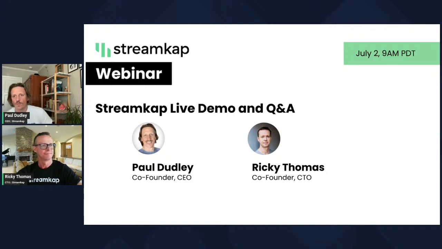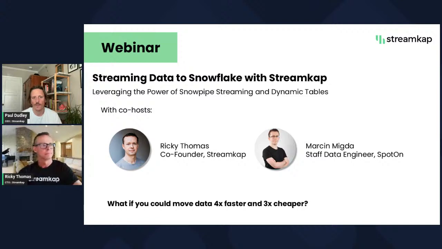So this is a bit of a follow-up from a webinar we had last week. For those who didn't get a chance to see it, I definitely recommend revisiting. We had Marcin Migda, a staff data engineer at Spot On, join us, and he talked about his end-to-end pipelines using Streamkap to get data from MySQL and stream it into Snowflake using Snowpipe Streaming and dynamic tables.